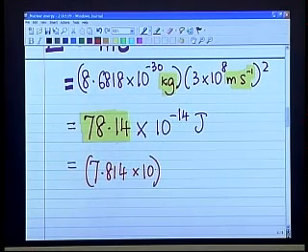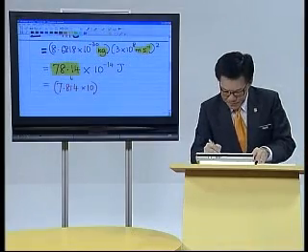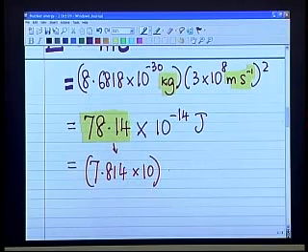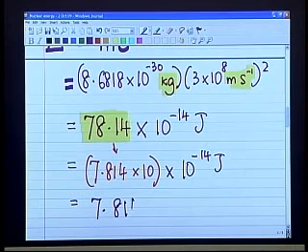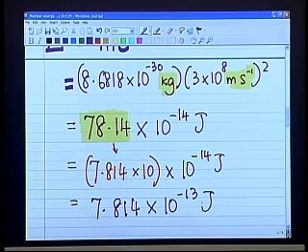So I multiply it by 10 to the power of minus 14 joules. And my final answer is 7.814 multiplied by 10 to the power of minus 13 joules. So this will be my final answer.